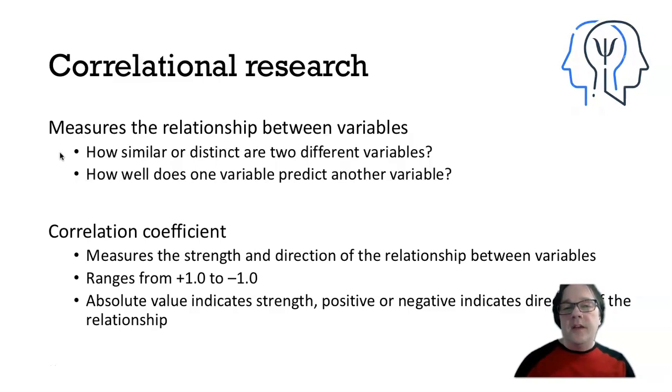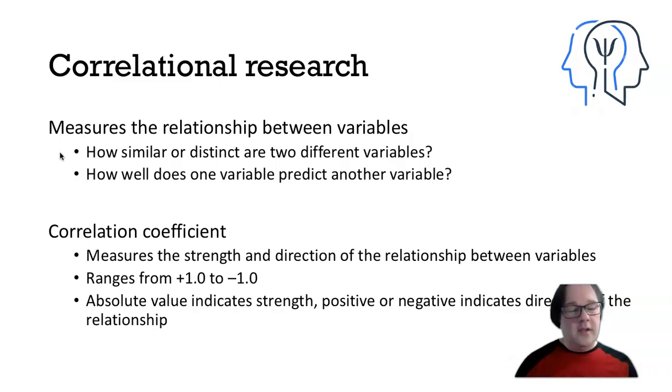So the sign in front of these values only tells us the direction. When we want to know about the strength, we're concerned with the absolute value, which is that bullet point I just talked about. So absolute values indicate strength, positive or negative indicates the direction.